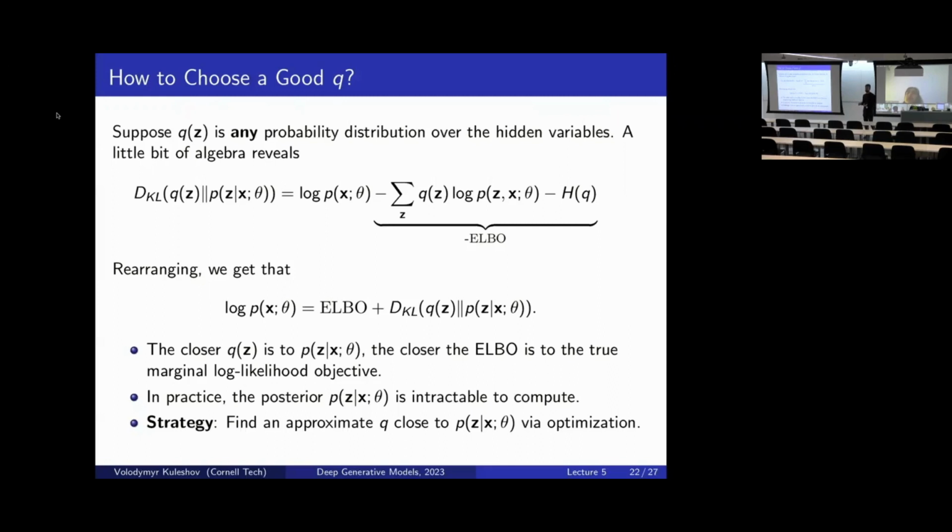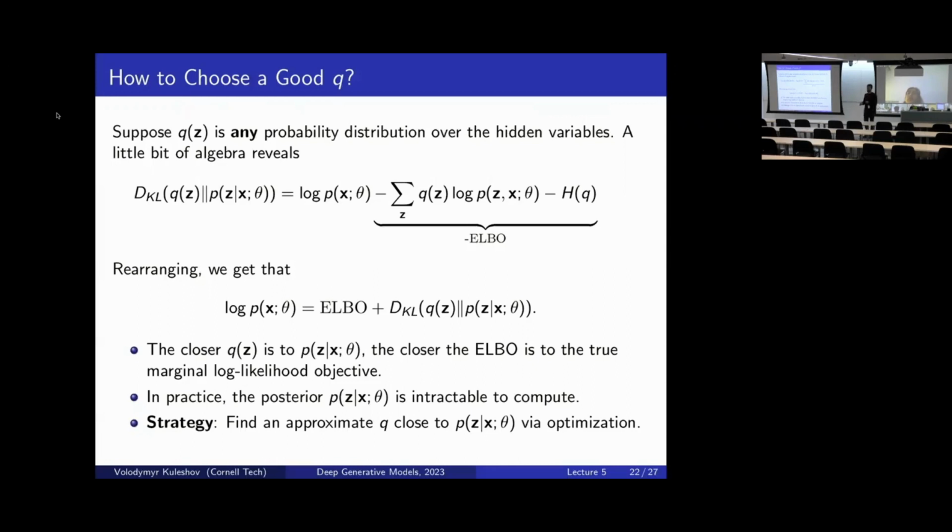Now, the problem is that P of Z given X is in general intractable. The whole reason why we do these approximations is that P of Z given X has the formula P of X given Z divided by P of Z, right? P of X given Z times P of Z, divided by P of X. And that P of X is the same P of X as here.